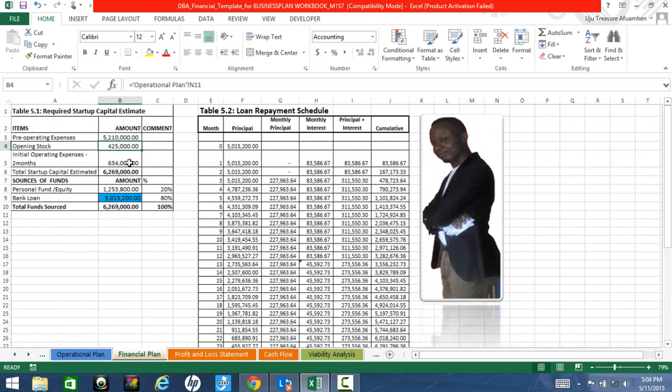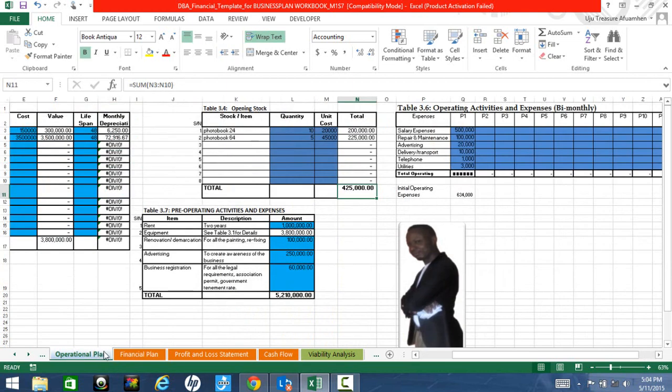So we now know where we got this value from and this value. What about this value? The initial operating expenses for the first 2 months. Can you see that? So this value also came from the operational plan sheet and is coming from a cell identified by Q11. So let's go back. Q11, where are you?